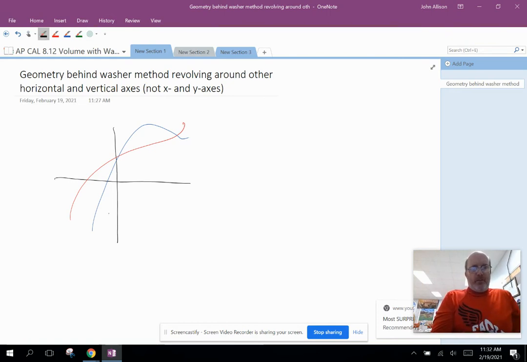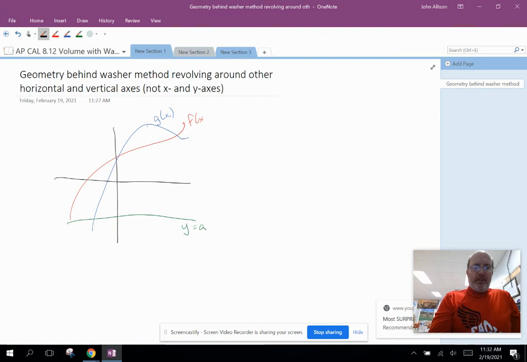But instead, let's say we're going to revolve around this line, y equals some number a. And so let's call this blue graph g of x and the red graph f of x. So we want to revolve this region R around the line y equals a.